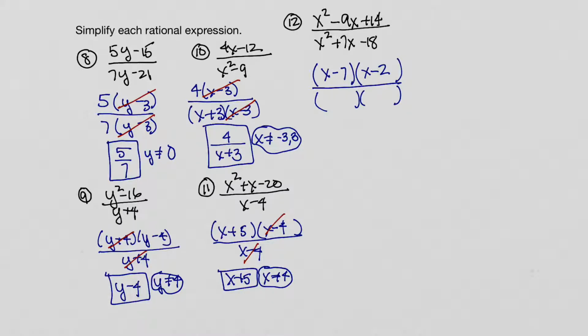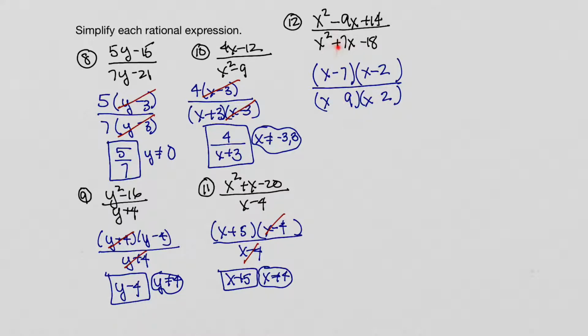So let's see, what do we want to use here? So we'll use an x and an x. Now for the 18, 18 and 1 is not going to work. 6 and 3, I can't get a 7 out of that, but a 9 and a 2 will work, and sure enough, I'm thinking these are going to match. Now this 18 is negative, so these numbers have to have opposite signs.